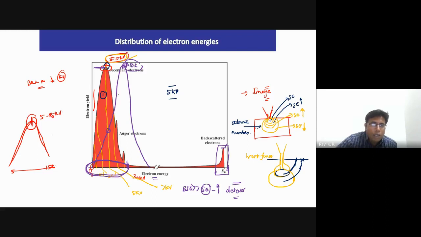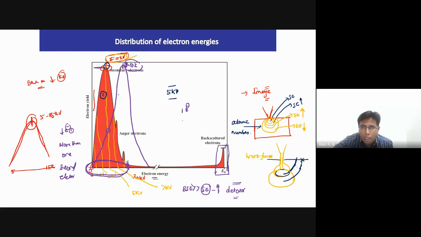Let's say you have one incoming, incident electron. In general, that can create more than one secondary electron. But on the other hand, with a backscatter electron, if you have one incident electron, you cannot create more, because this is exactly the incoming electron.